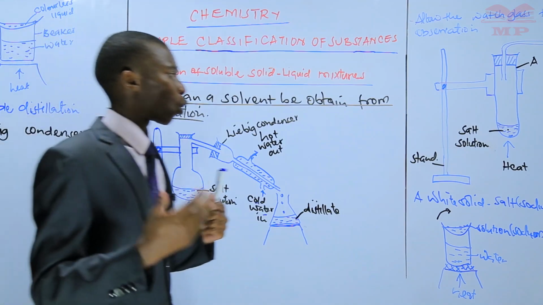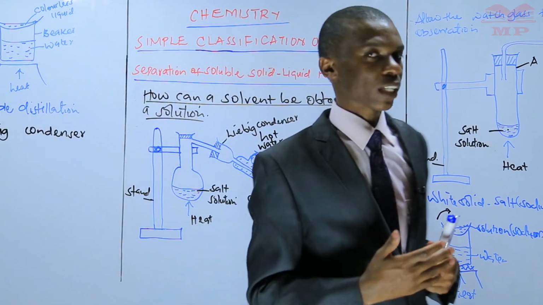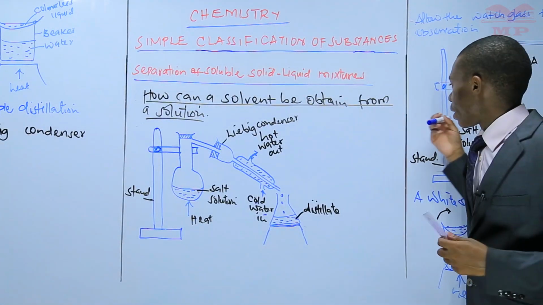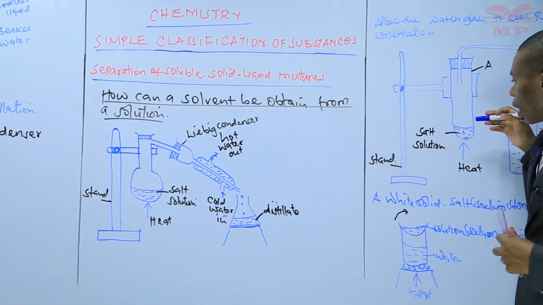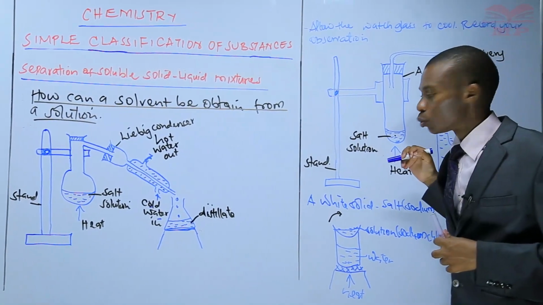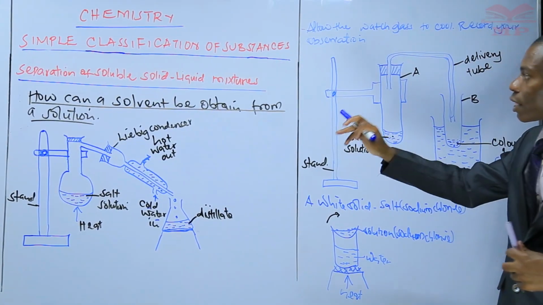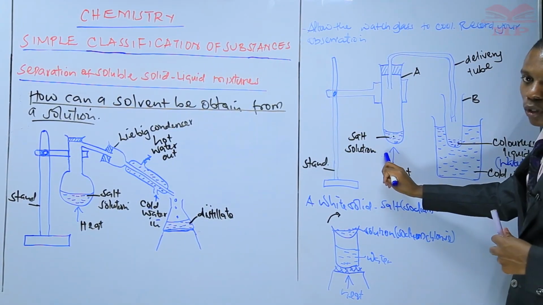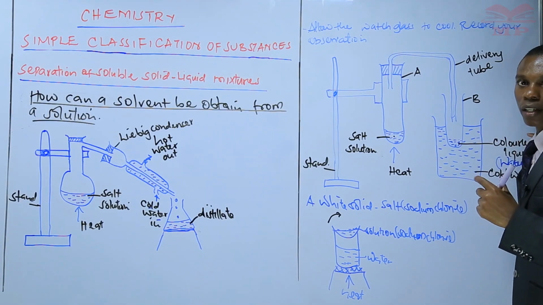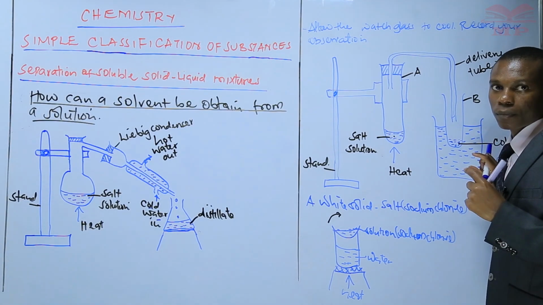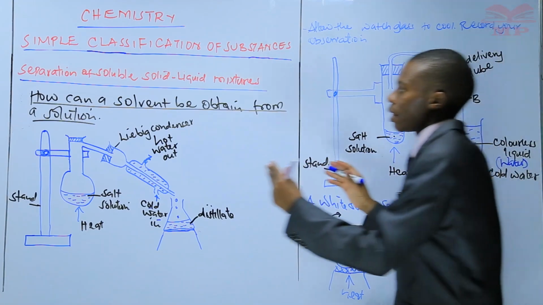Maybe to connect or to repeat a little bit what I've said, in this method, you are still able to separate the solvent from this solution, but this method is not very efficient in that separation compared to this.